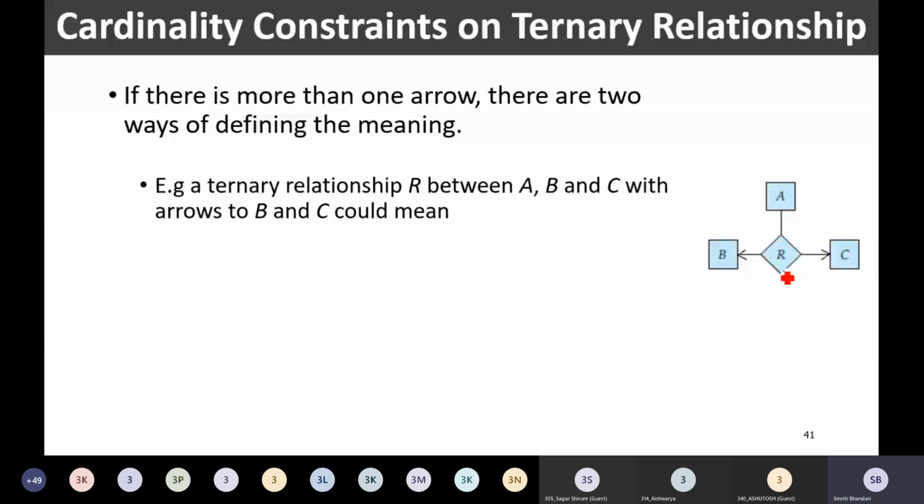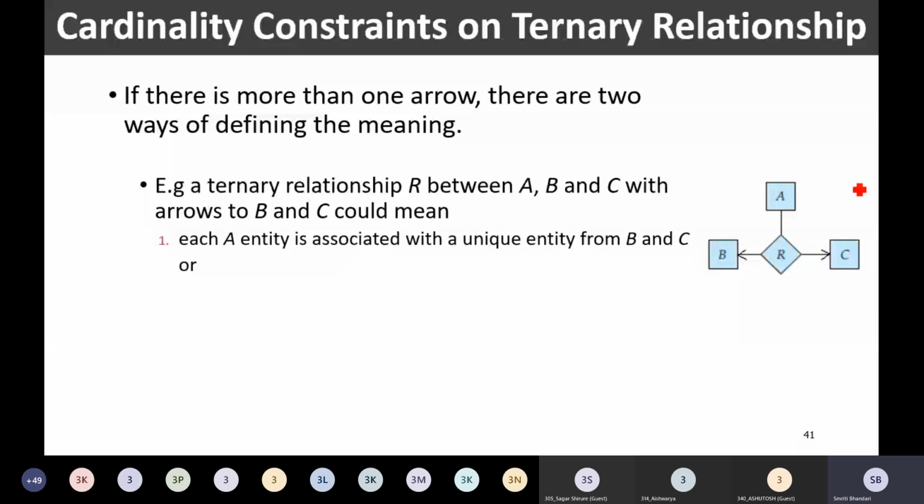Now, if we are having two arrows, what are those two arrows? These two arrows are towards B and C. So I am having now more than one arrow. If this is the case, then how to interpret this relationship? We have more than one way to interpret it.